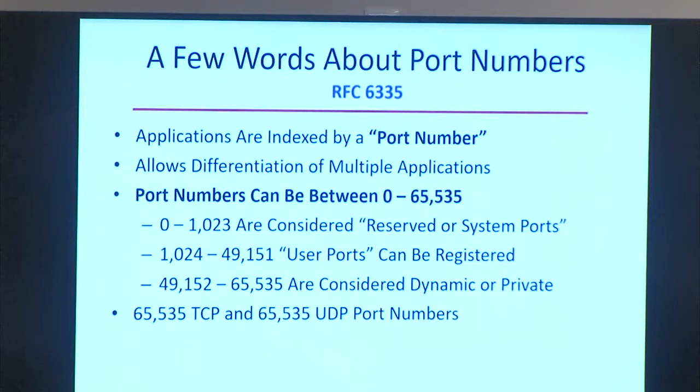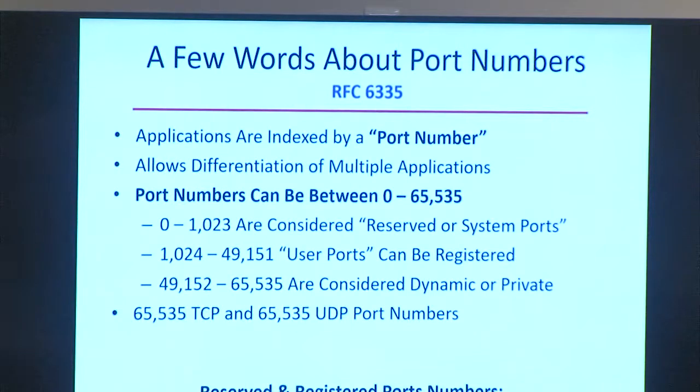An important thing to keep in mind, UDP ports and TCP ports are independent. Although some protocols use both UDP and TCP, a couple of them. DNS is one popular one that does that.